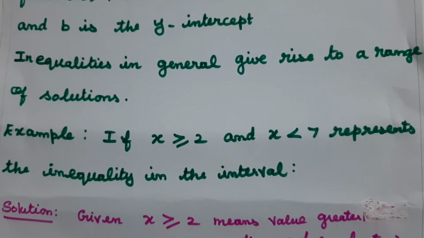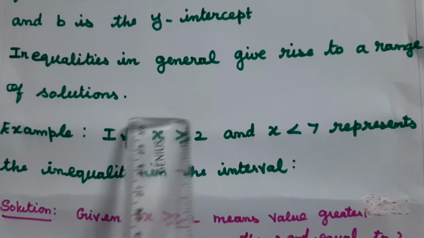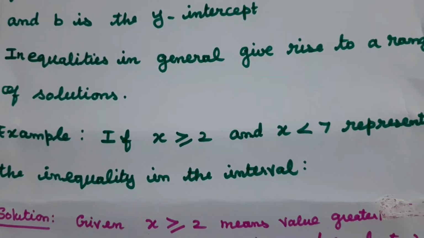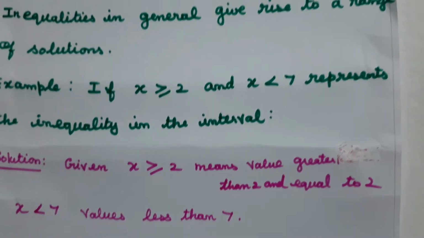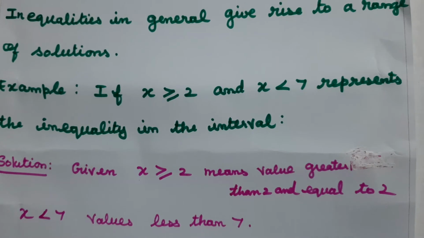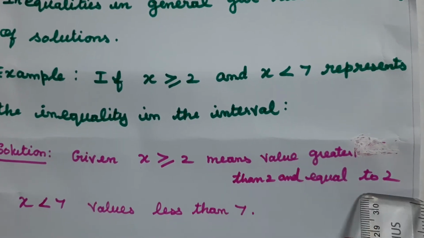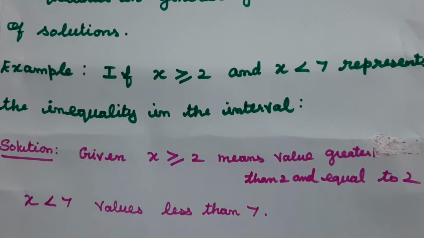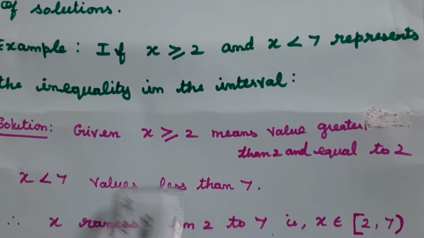So, how to make these inequalities in the interval form? See, x greater than or equal to 2 means what? The values more than 2, and also this sign is given, this means equal to 2 also. So, more than 2 and equal to 2. One equality you had, and the other one is given as x is less than 7.